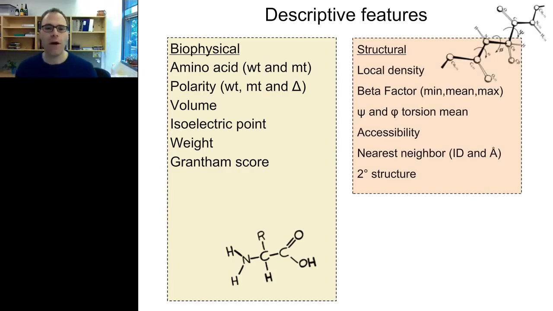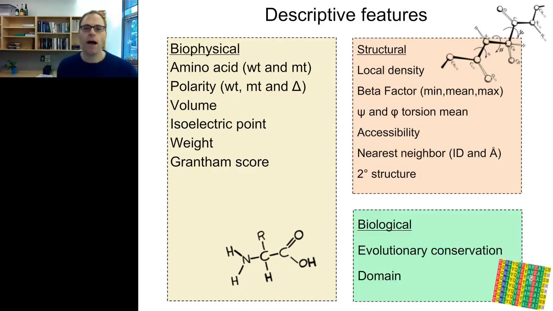I'll point out that we generated models both that use structural information and ones that don't, so we can make predictions on proteins without structures. But when it's available, we use things like the local density around the amino acid that's being mutated, the secondary structure, and so on. And then finally, we include biological features like evolutionary conservation, which we know to be a very important one in other predictors of variant effect.